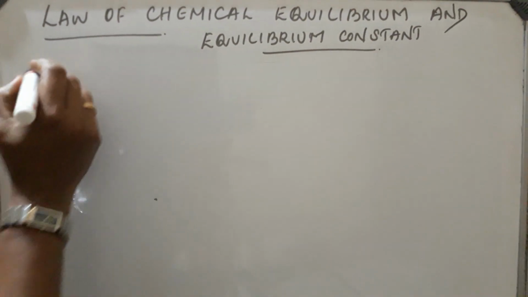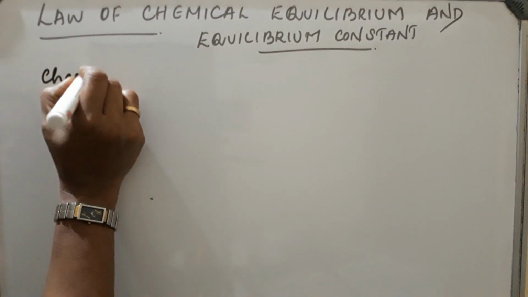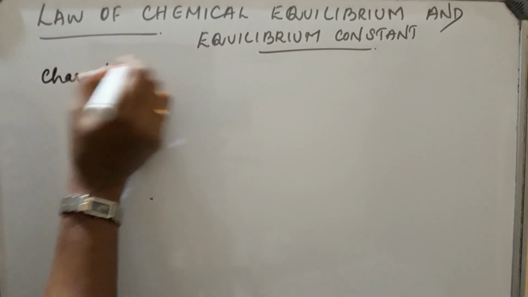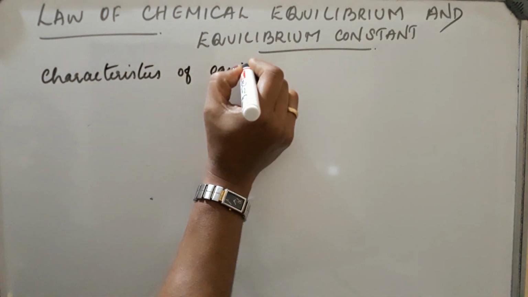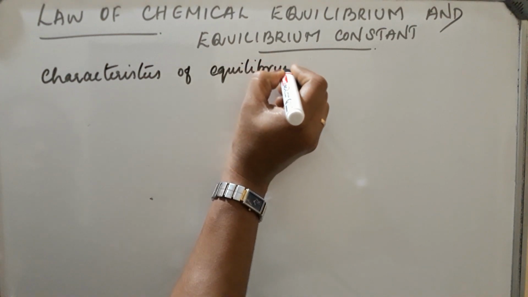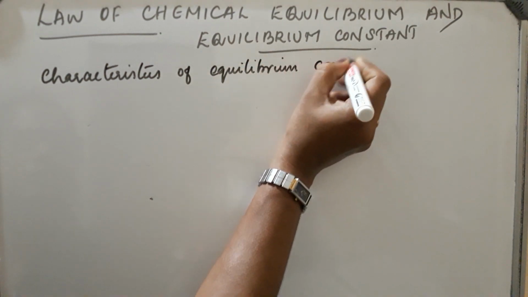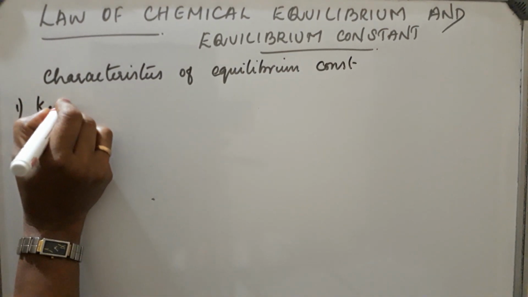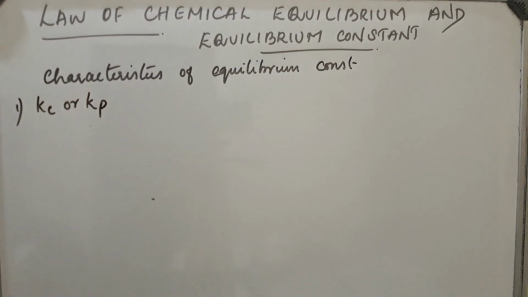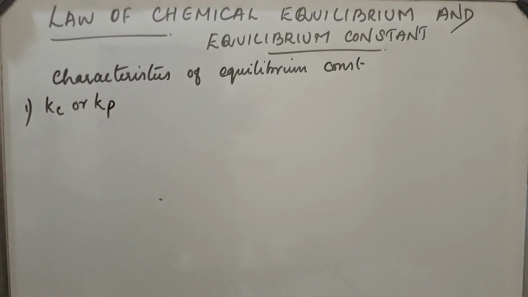Next, characteristics of equilibrium constant. First point, we know Kc or Kp are the equilibrium constants for concentration and partial pressure.